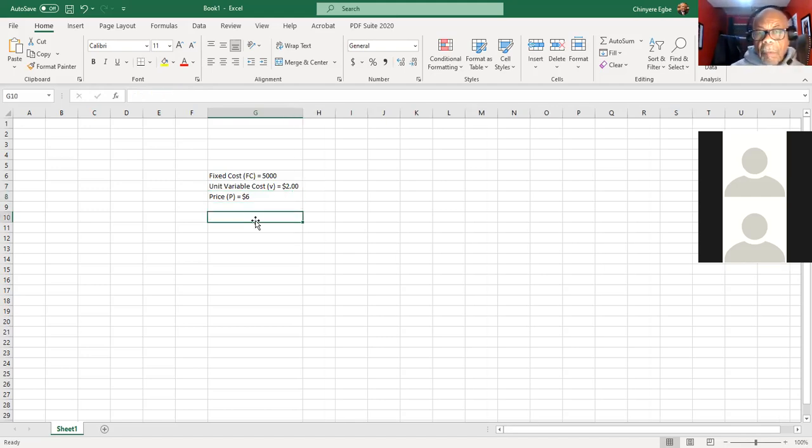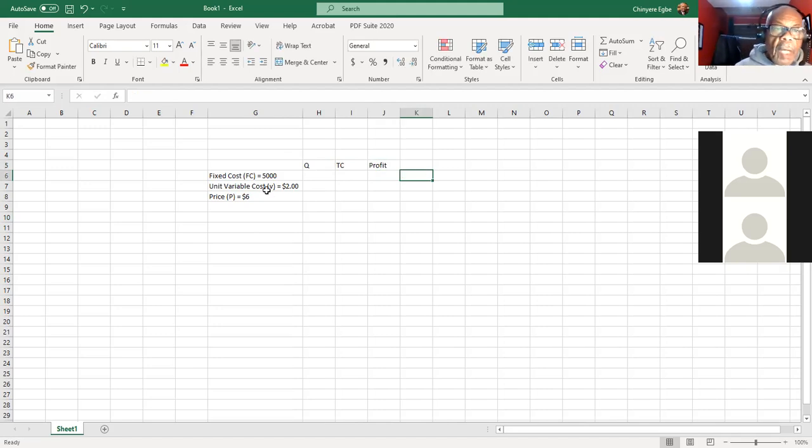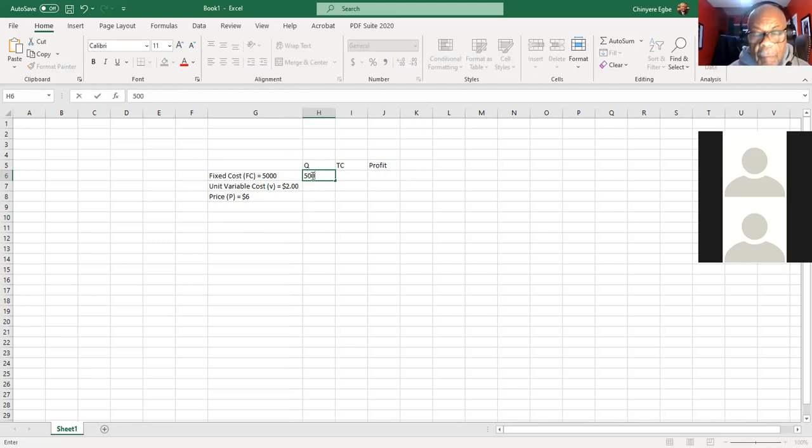All right, so it's very easy. Now, if you come to look at this, we have, say, quantity of output and total cost, okay? And we look at profit, okay? Now, this is unit variable cost. So let us say we start from, say, 0, okay? And say 250.